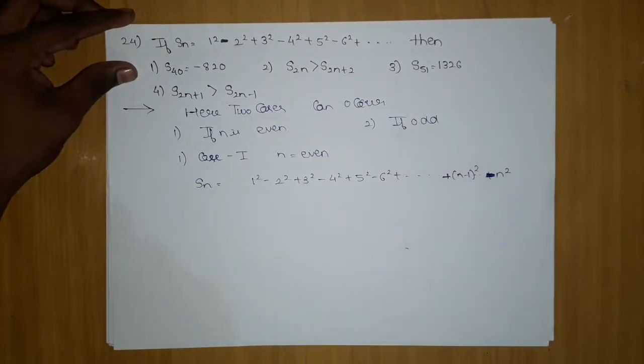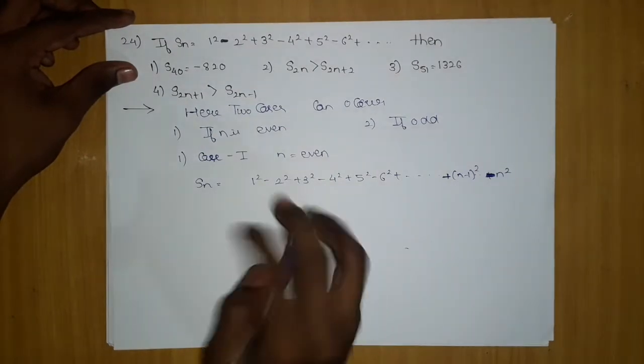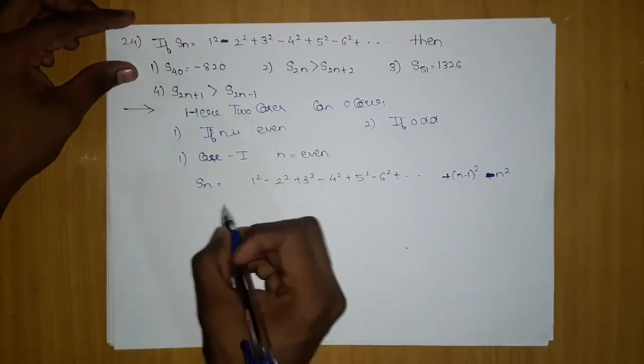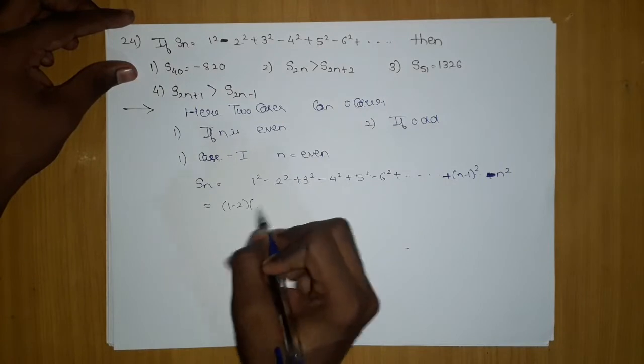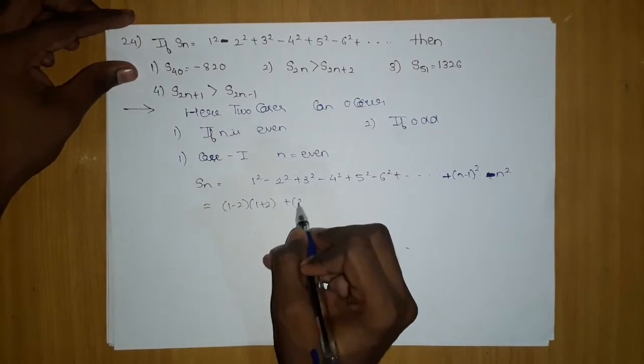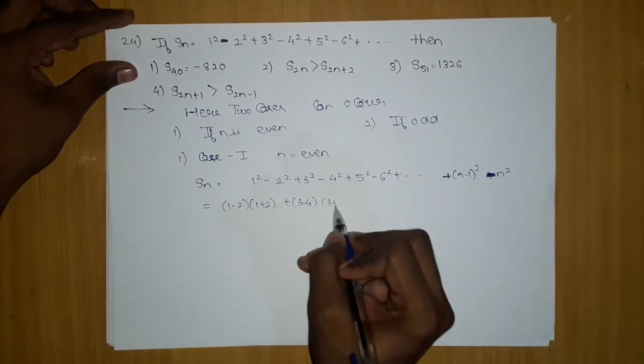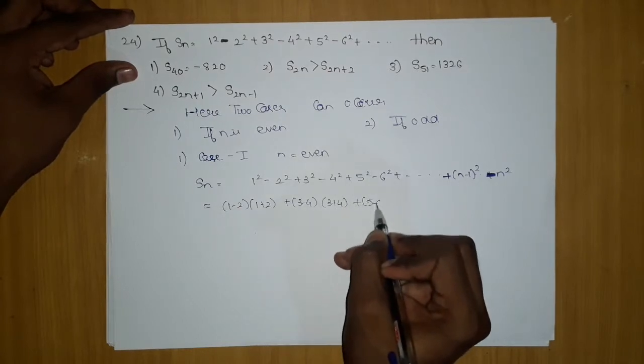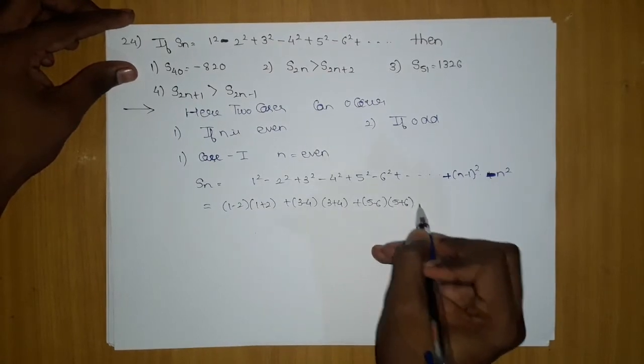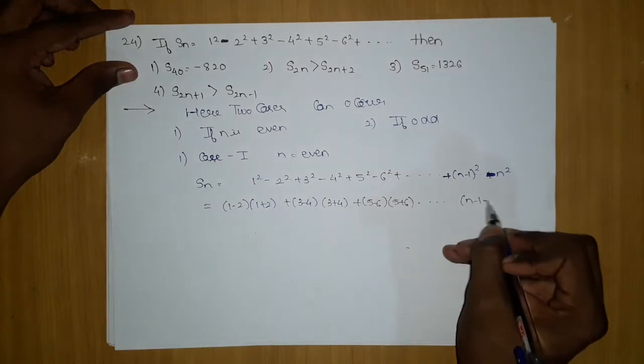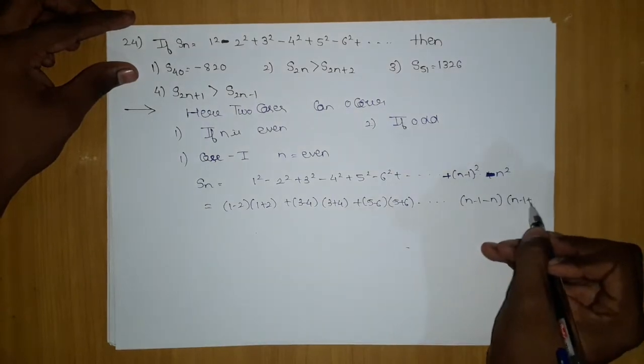Now it is very obvious that I will apply a square minus b square everywhere. So 1 minus 2 into 1 plus 2. Similarly here 3 minus 4 into 3 plus 4. Similarly in the next, 5 minus 6 into 5 plus 6, and so on, till n minus 1 minus n into n minus 1 plus n.